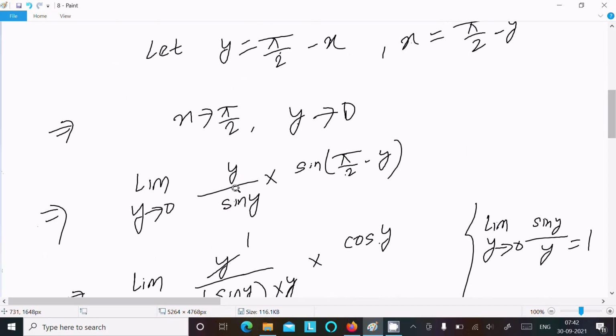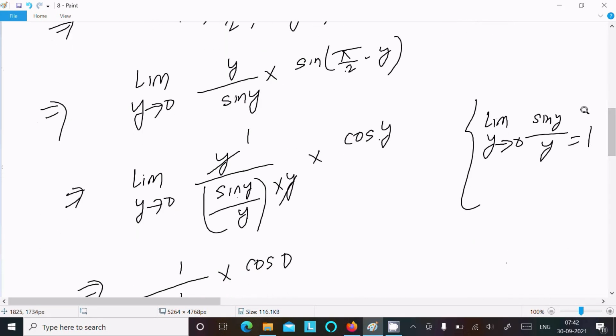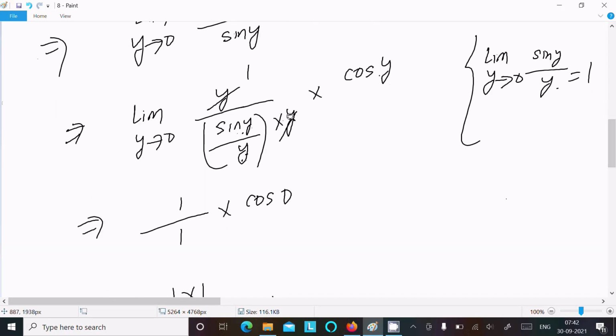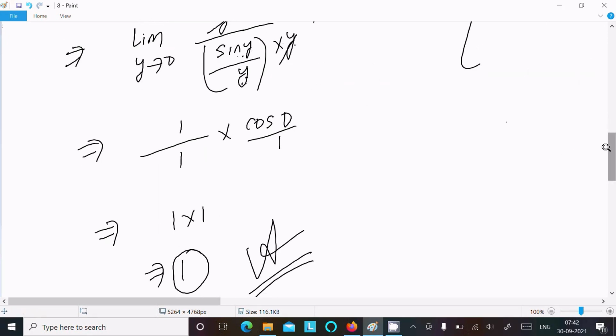After that write y sin y into sin(pi by 2 minus y). We know the formula sin y by y is 1, so multiply denominator and numerator with y. So y, and this value is 1, and y cancels, cos 0 is 1. So 1 into 1 returns 1.